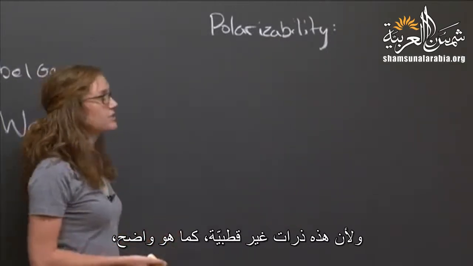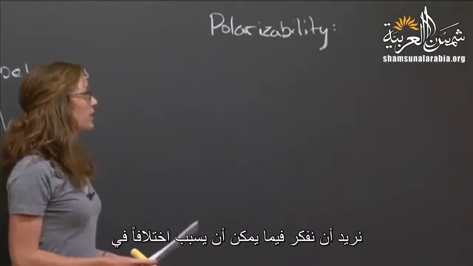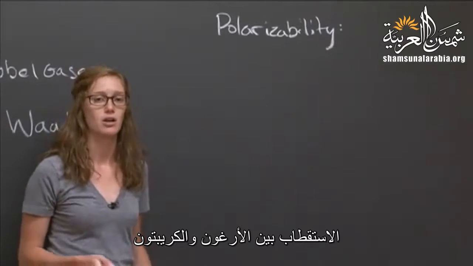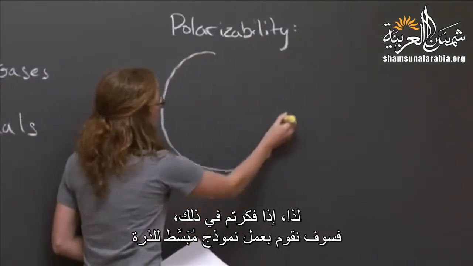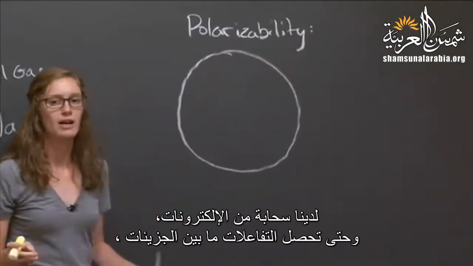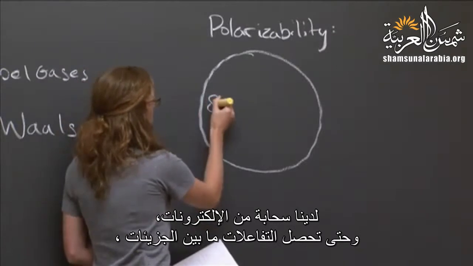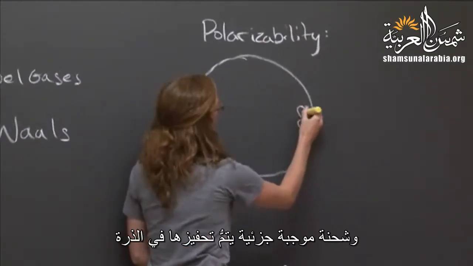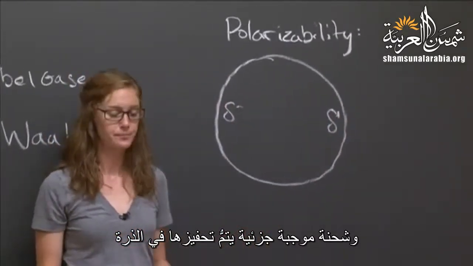And because these are nonpolar atoms, obviously, we want to think about what can cause a difference in polarizability between argon and krypton. So if you think about it, we're going to do a very simplistic model of the atom. We have a cloud of electrons. And to get intermolecular interactions, we want to have a partial negative and a partial positive induced in the atom.